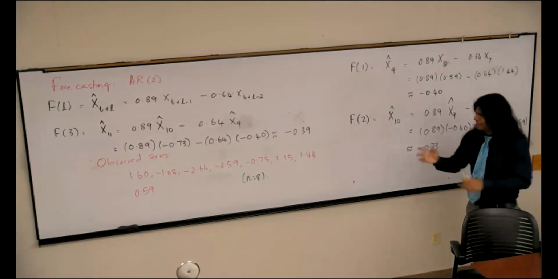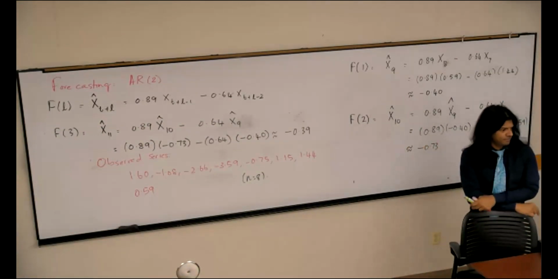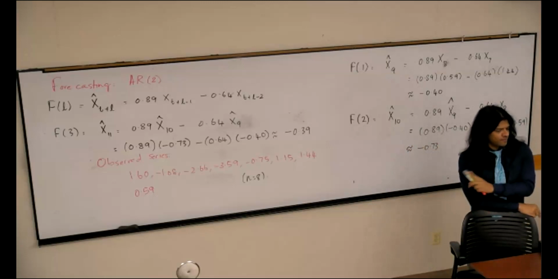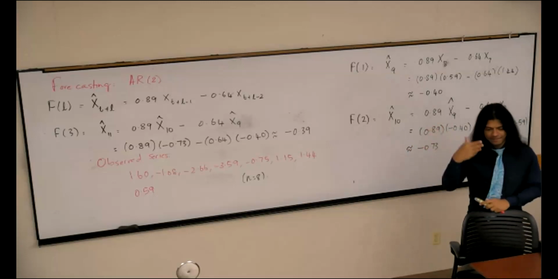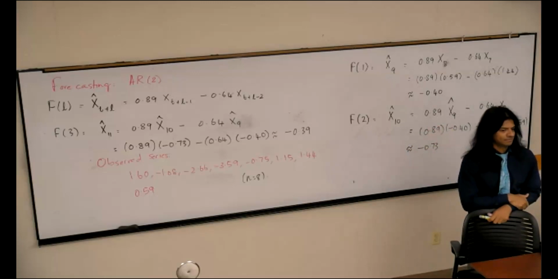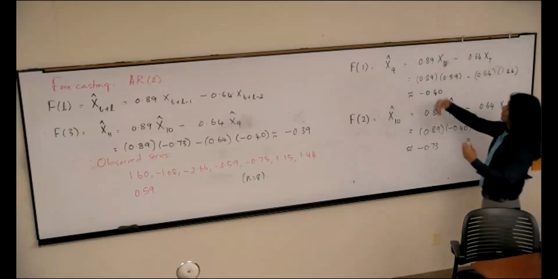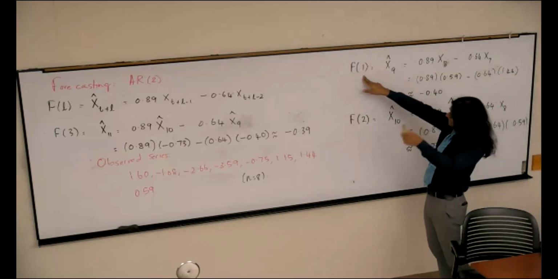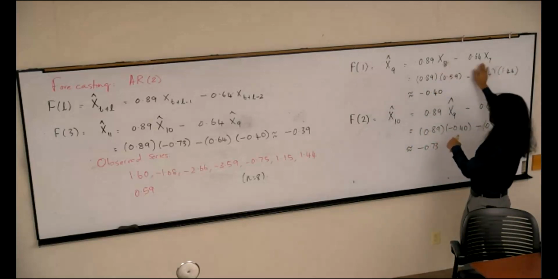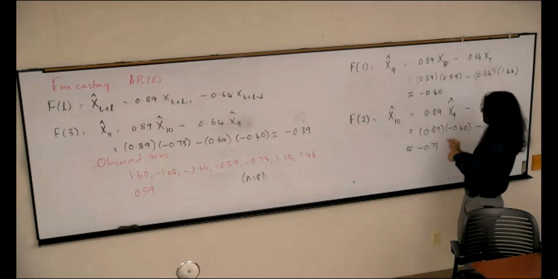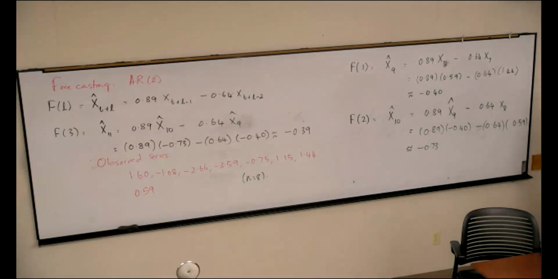Can I write a general expression for the forecast function f in terms of L? Look at the pattern over here. You should notice for lead 1, I get those two terms, lead 2, I get that. So forget about the x's, just in terms of f.